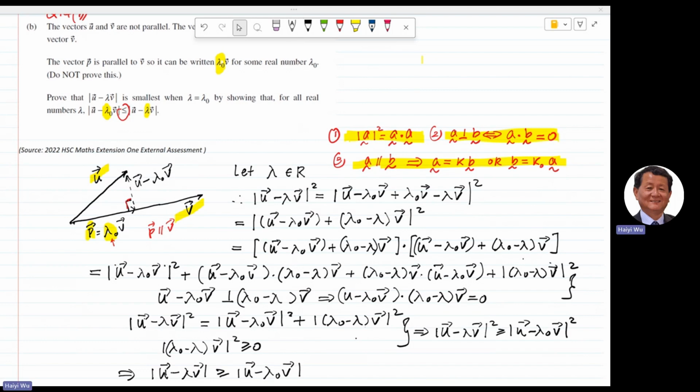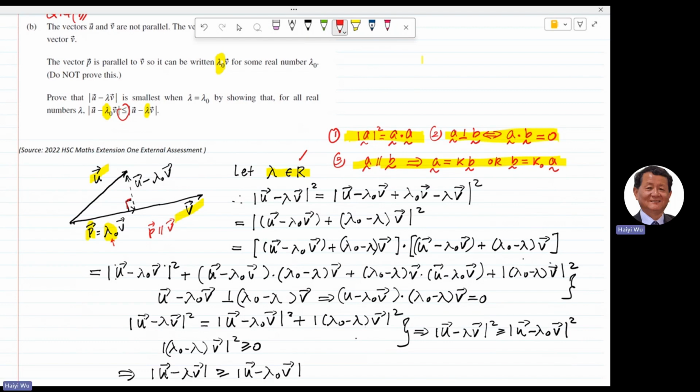First of all, I'm going to draw the triangle. So what I'll do is I'm going to let lambda belong to the real set, that's a real number.